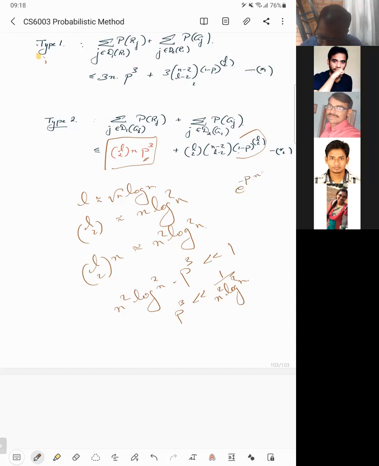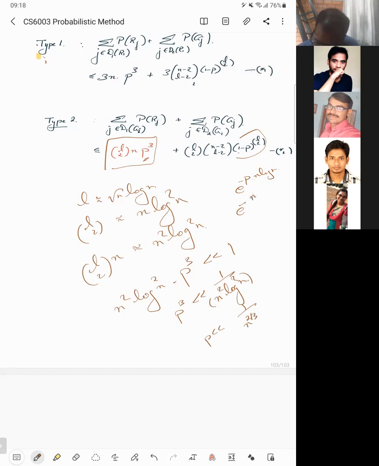L choose 2 is again around, not n squared, it's around n polylog n, right? N log n. So with this p, you will get e to the power minus p cube. So I should put 1/3 when I'm talking about n squared. Okay, let me ignore the logs for now. N by 2 by 3.